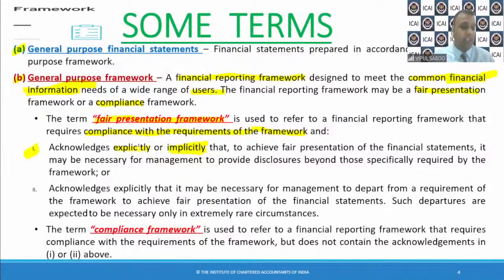Whether explicitly or implicitly, to achieve fair presentation of the financial statements, it may be necessary for the management to provide disclosures beyond those specifically required by the framework.